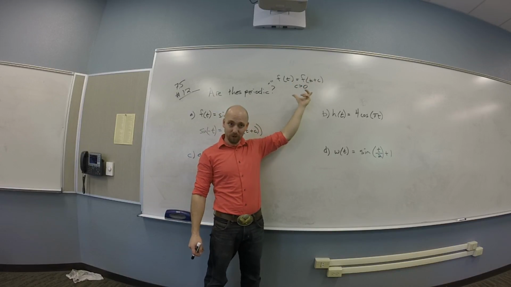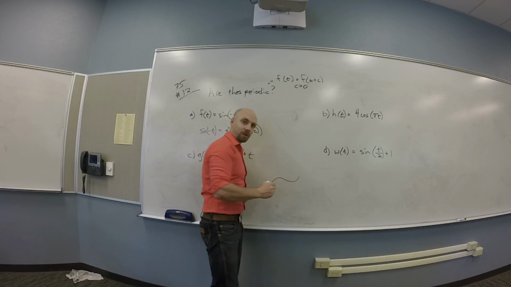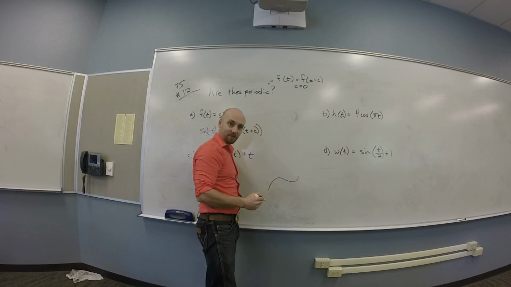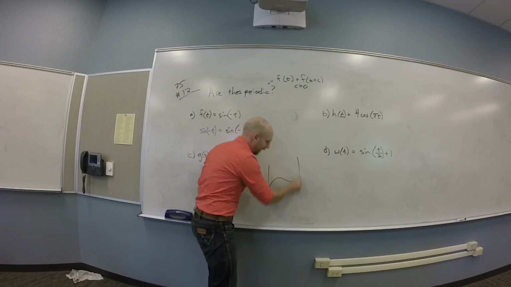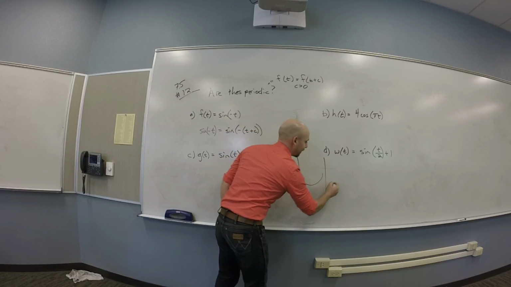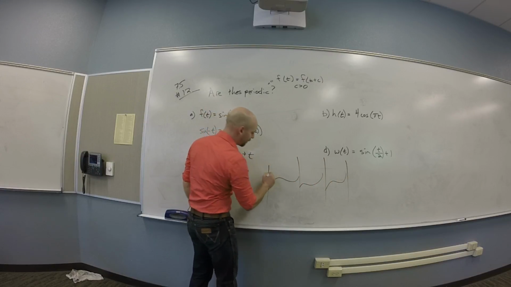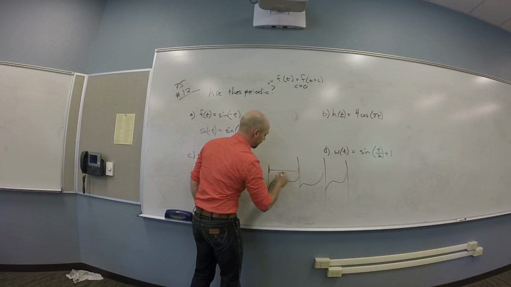Graphically, the definition of periodic is: if there's some little bit of function happening, that little bit has to repeat exactly in every section. So these all have to be the same. And then this distance here is called a period.